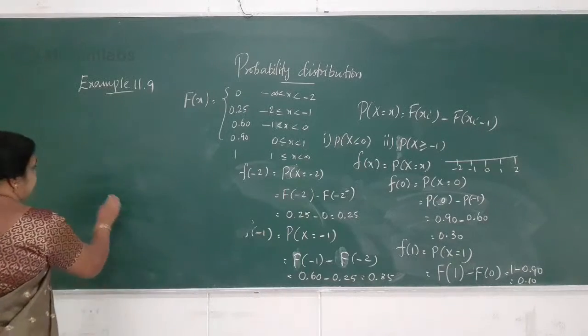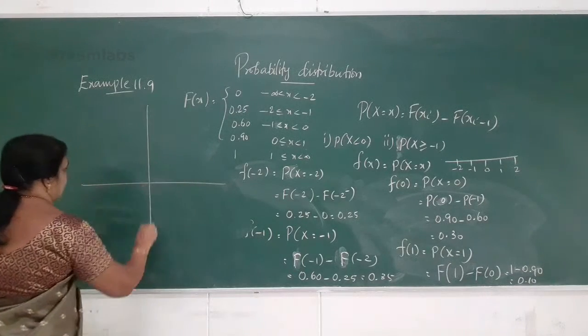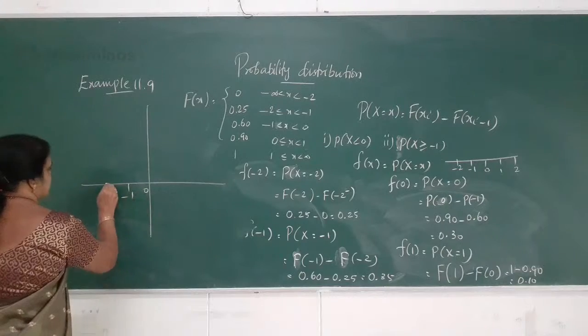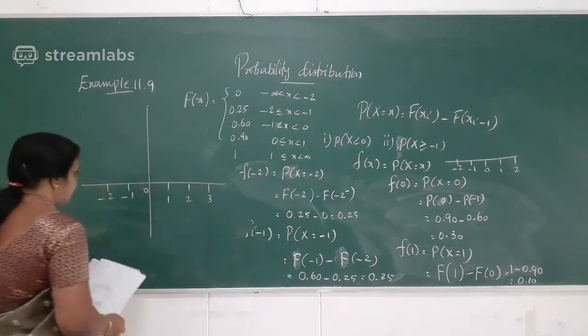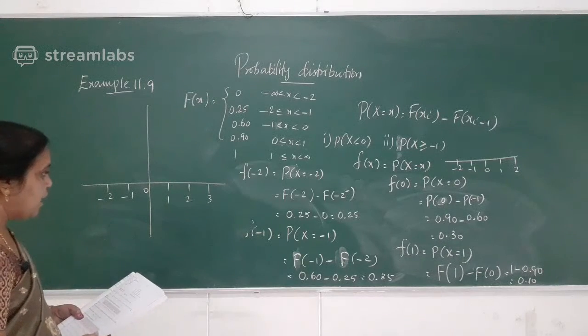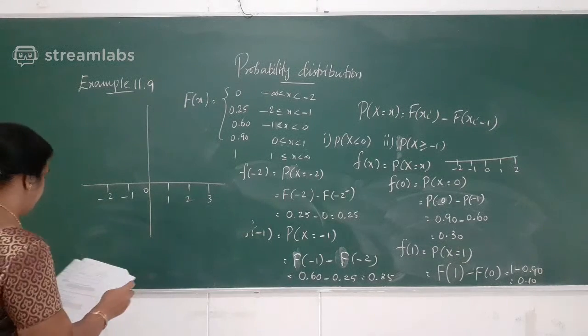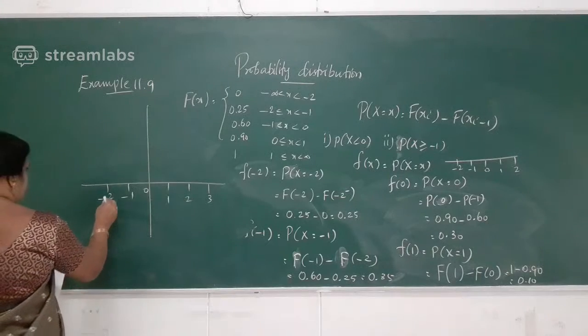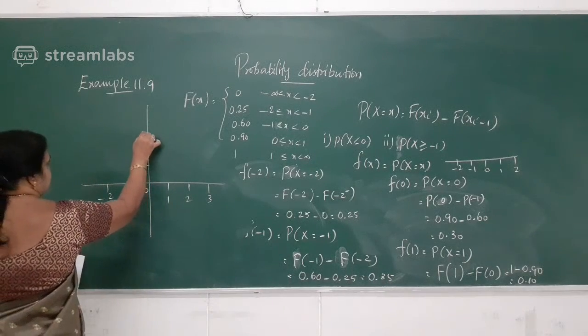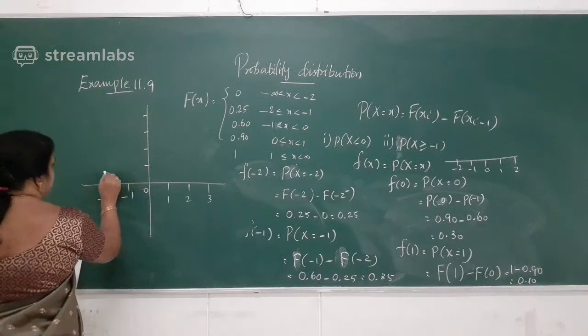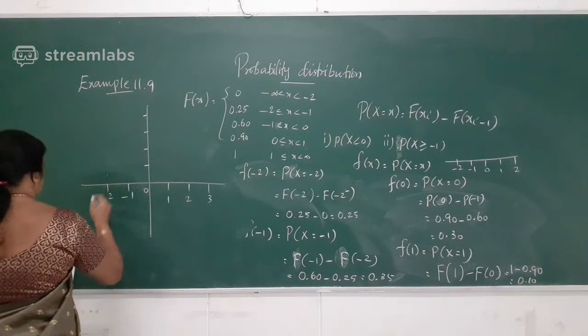See here: 0, minus 1, minus 2, 1, 2, 3. For the first value, what are we getting? Minus 2, 0.25. 0.25 means approximately here it will come.